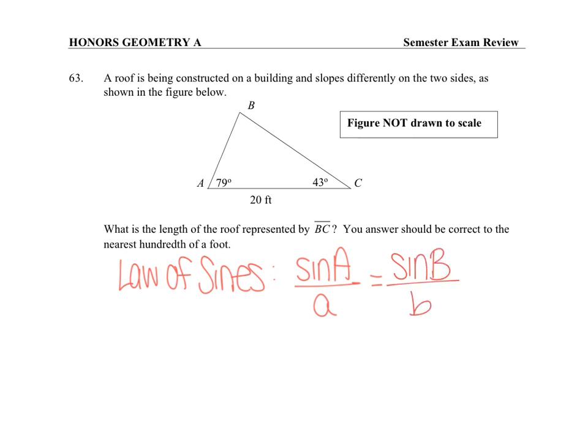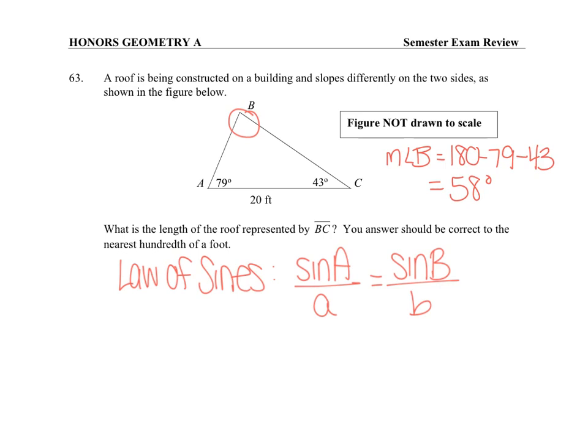Problem right now is that I don't know this angle, but I do know that there's 180 degrees in a triangle and I'm given two angles. So the measure of angle B is going to be 180 degrees minus 79 degrees minus 43 degrees, which is going to give us a measure of 58 degrees.